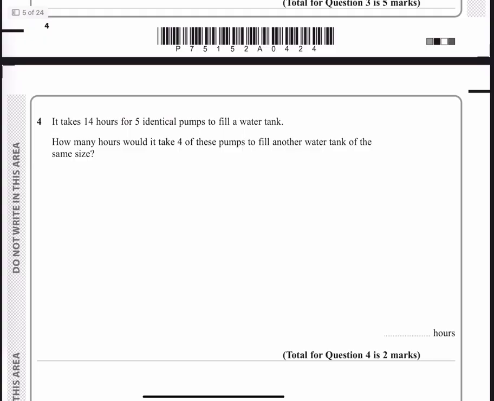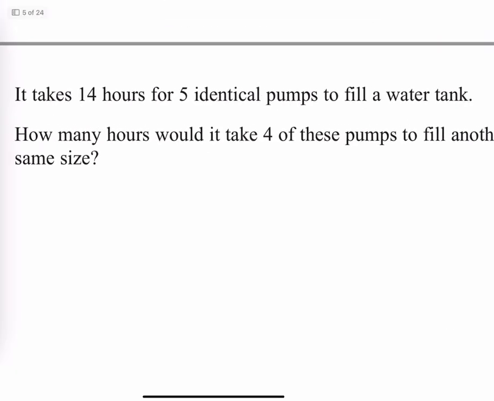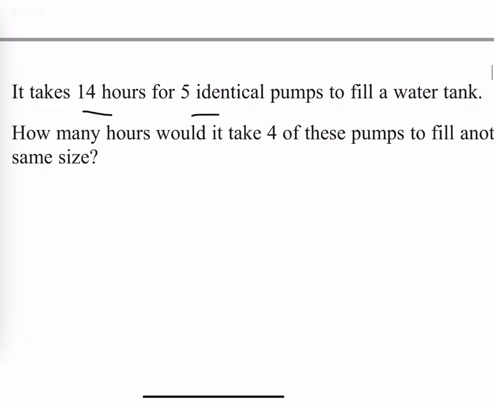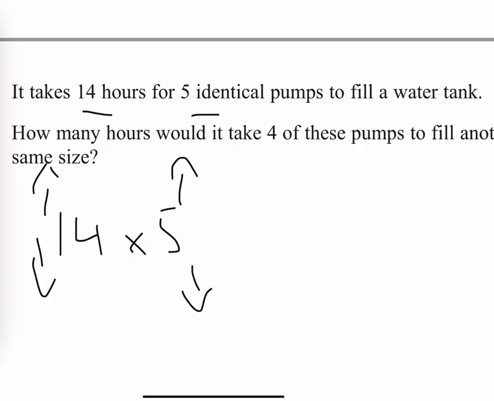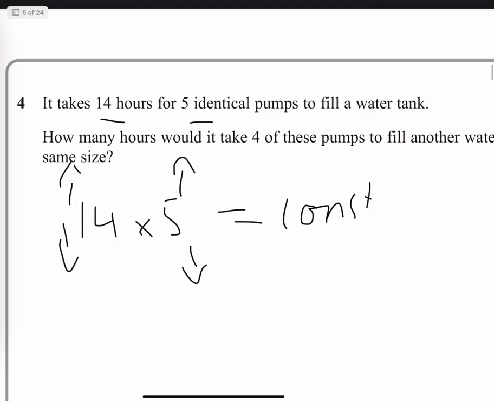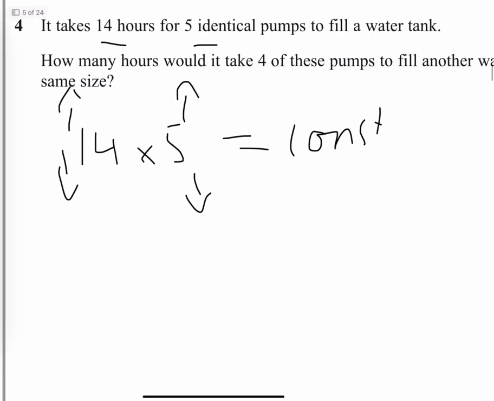It takes 14 hours for 15 pumps to fill a water tank. Okay, so basically you remember this as you times them together when you get stuff like this. Because if you increase this one, you'll have to decrease that. If you increase that, this will decrease. So take it as the multiplication is constant. How many hours would it take 4 pumps? So we have 14 times 15 equals 4x, where x is hours.